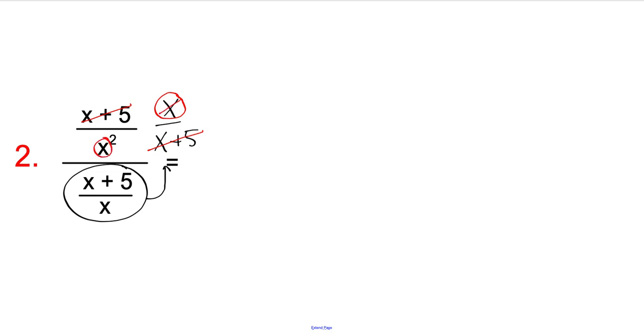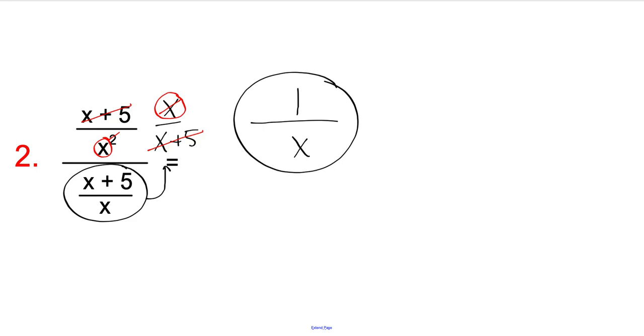I can cancel out one of those variables just because it's a single x. So what do we have left in the numerator when everything cancels out? That would be a 1. And then everything except for the x canceled out in the bottom. So this just simplifies to 1 over x. Okay? That one's not bad. It's not bad when everything cancels out.